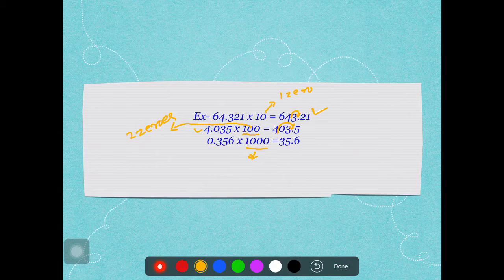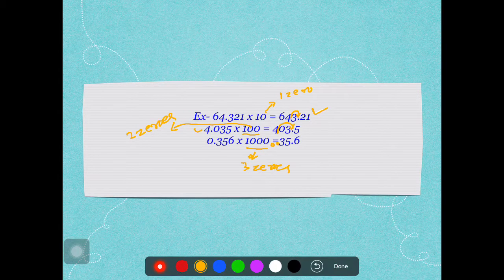And in the third example you can see we have multiplied it by 1000, and here we have 3 zeros, right? So we have to shift the decimal by how many places? 3 places. As we have 3 zeros, we have to shift it 3 places towards right. And here the decimal was after 0, 0.356.